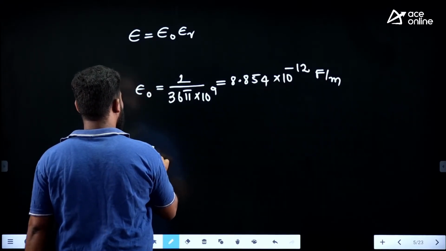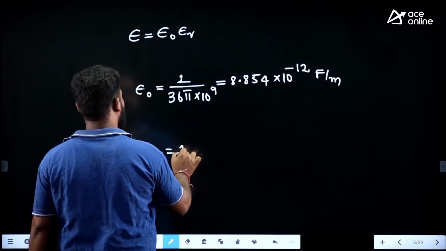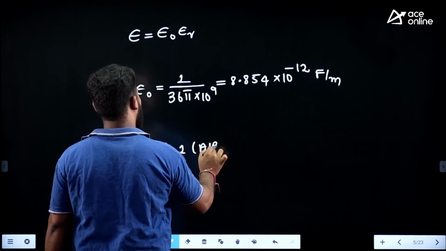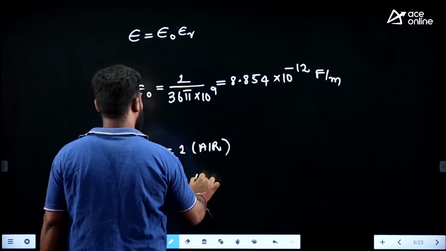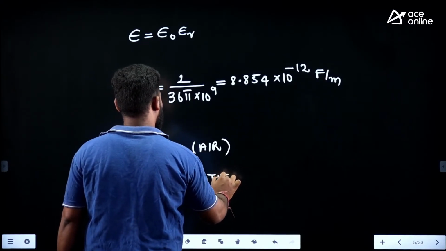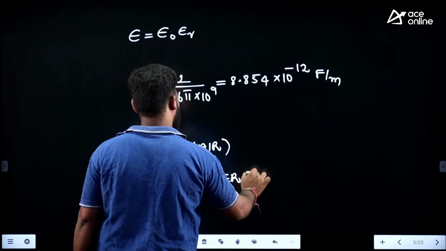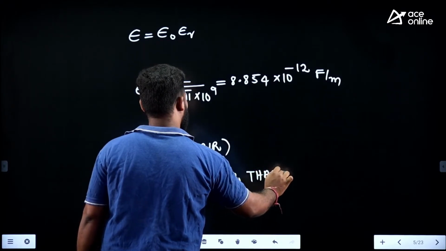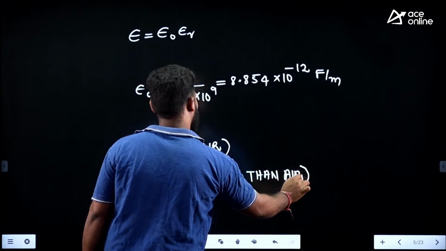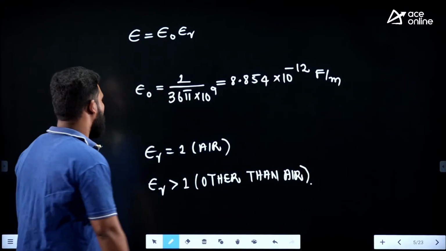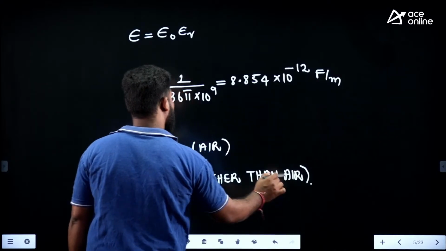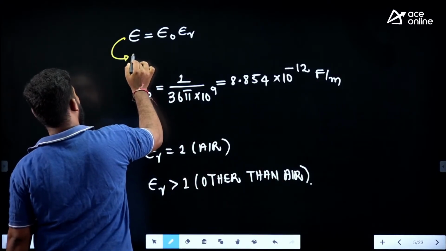And what is this epsilon r? It is equal to 1 for the air, and this value is greater than 1 for other than air. So what is this called? This is permittivity.